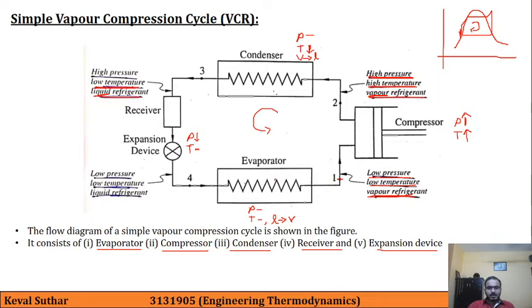Now what is ultimately what we are doing here? I have only explained to you what is going on in the cycle, but for what purpose it is going on, let's see. Suppose we are having this evaporator here again.